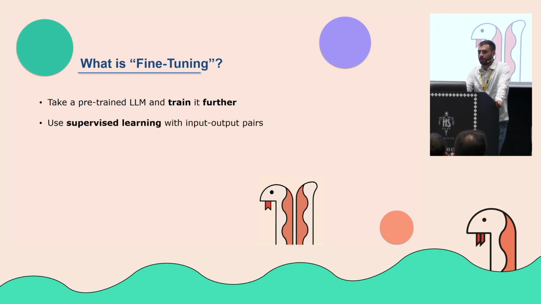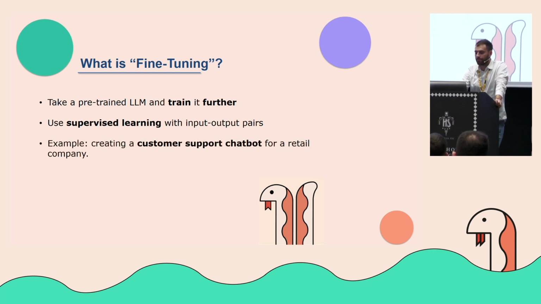For sure, we can use a common technique, supervised learning, for which we provide input-output pairs. So, for example, questions and desired answers. A concrete example may be creating a customer support chatbot for a retail company.